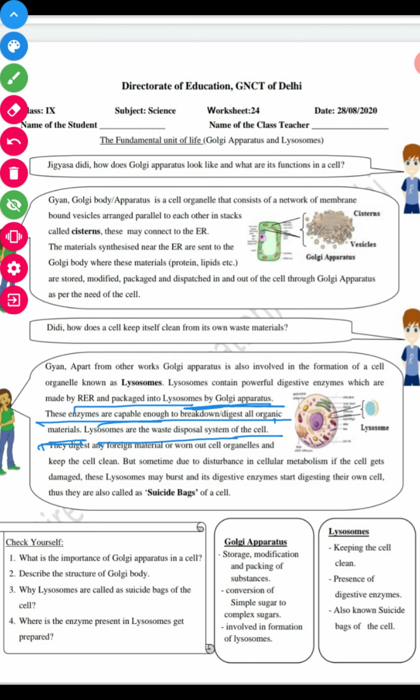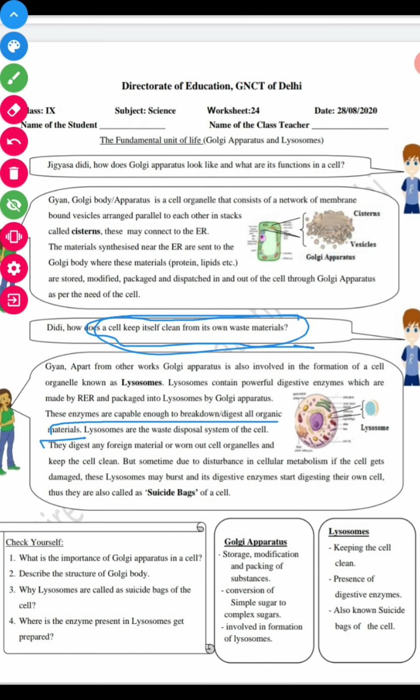Lysosomes are the waste disposal system of the cell, means they help in keeping the cell clean. The enzymes are capable enough to break down or digest all the organic material.